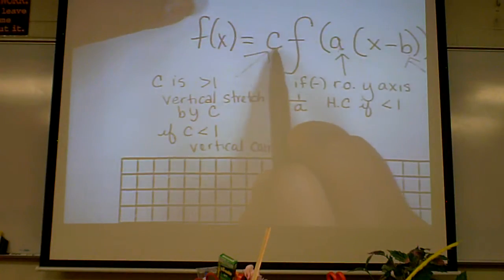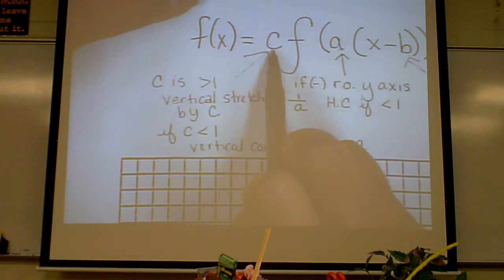Now, what do you do with this number in front? You multiply whatever it is, you don't flip this one. You will multiply this number by all the Y values. Whatever that number is, if it's 2, if it's negative 2.